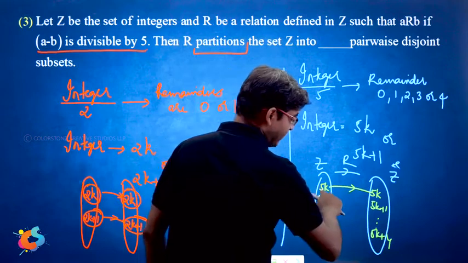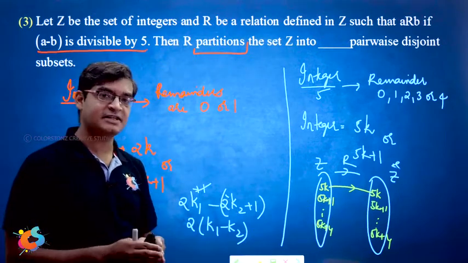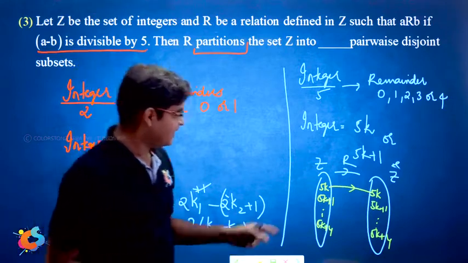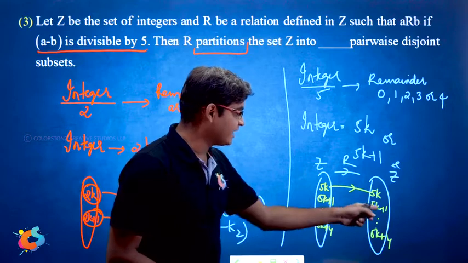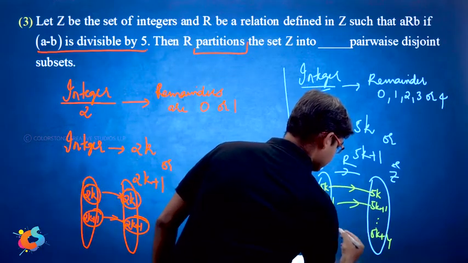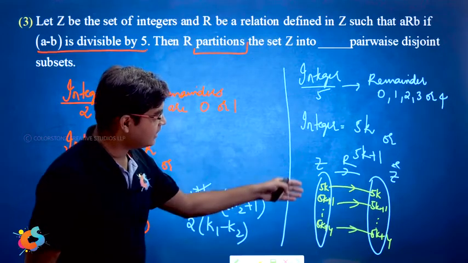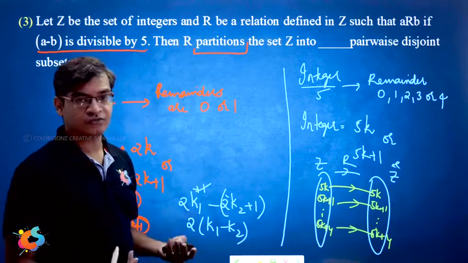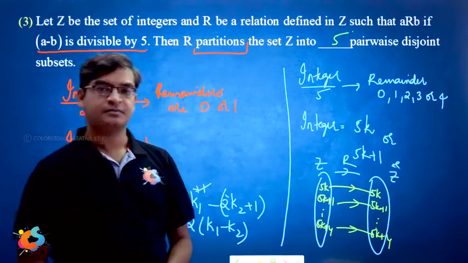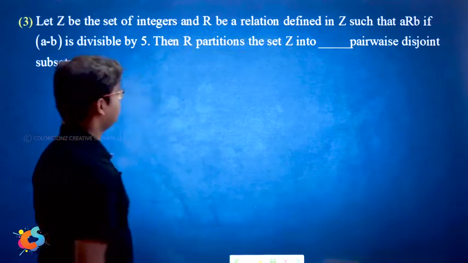So when I map a 5k type number to a 5k type number, the difference will be divisible by 5. The same thing holds for the other types, where the 1 gets cancelled and it is again divisible by 5. Therefore, how many partitions is Z divided into? 5 partitions. So the answer is 5. Okay, let us take the next question.